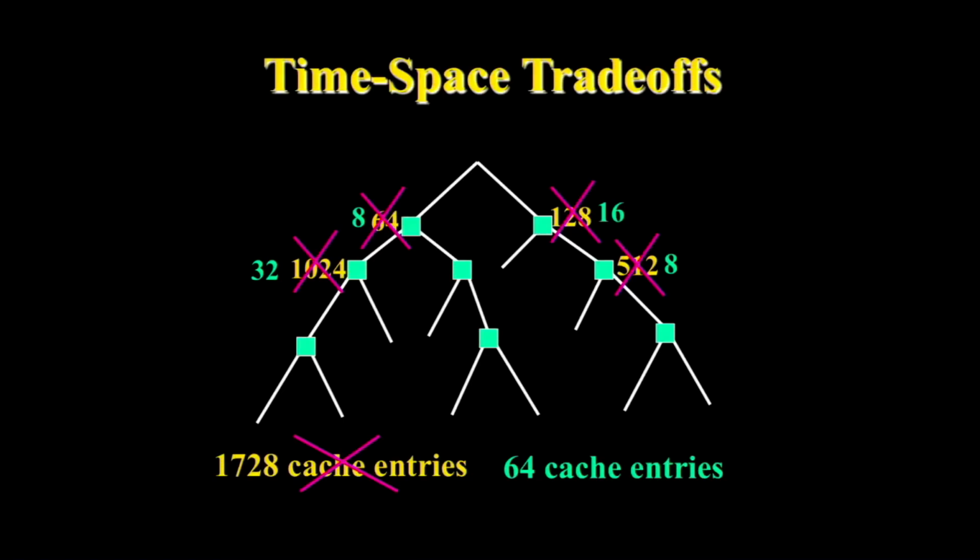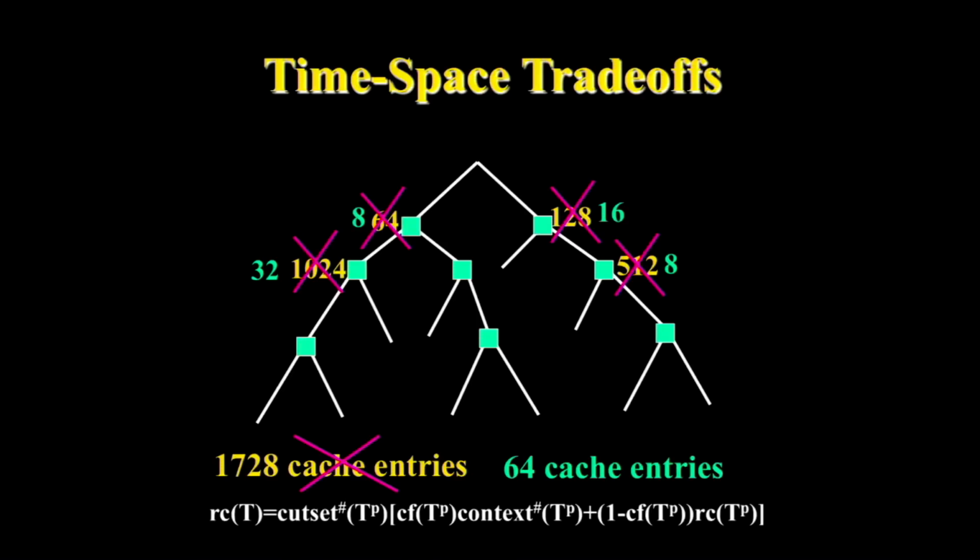The algorithm has a nice formula. You can look it up in your book. That will count for you the number of recursive calls for any caching scheme. It will tell you if you use this, here's how much time it will take. If you use this, this is how much time it will take. When you have that kind of formula, what happens? Now you can play the following game.